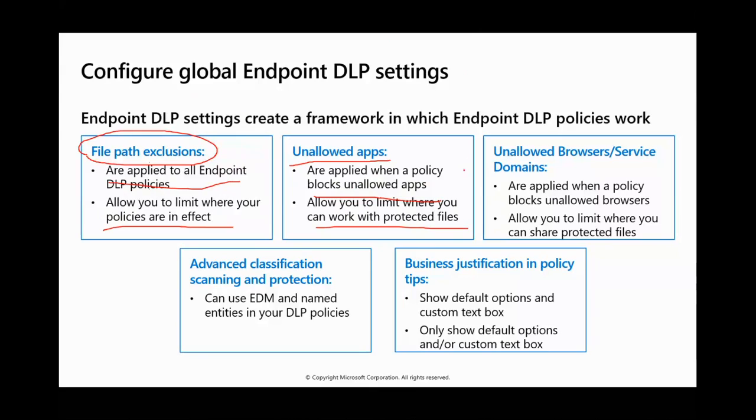In the same way, we can establish these global settings to implement data loss prevention policies for unallowed browsers or service domains. Those are applied when a policy blocks unallowed browsers, or also limit where we can share these already identified protected files.